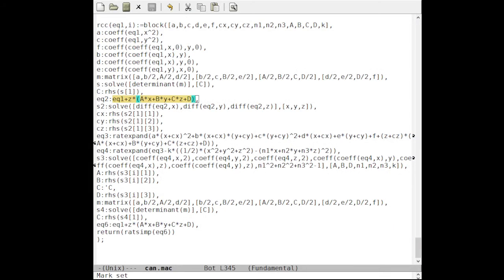And then to find the apex, that's the singular point of the cone. So you take the differential with respect to x, y, and z, and solve for x, y, z. And then you get the apex.